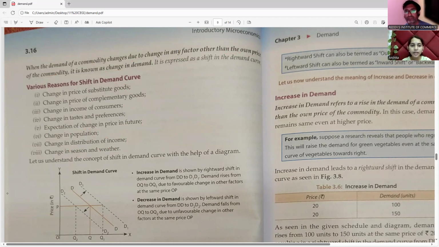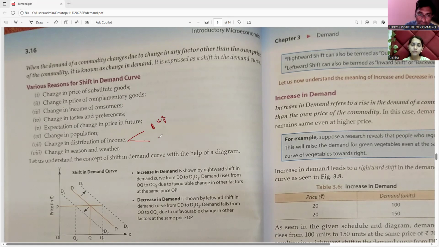What do we mean by change in distribution of income? It means what? Suppose your salary is rupees 20,000, and suppose in the earlier scenario you were buying 1 kg apple every day out of your income, but nowadays your income has increased.